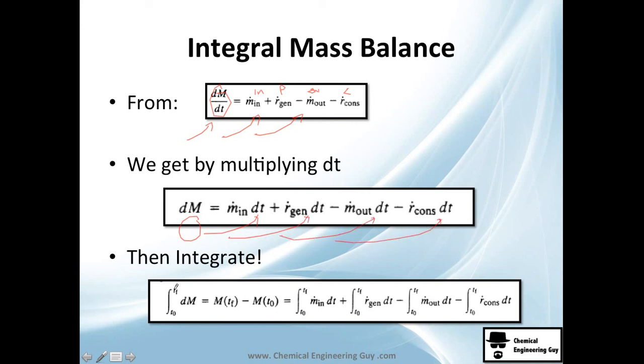So you integrate this with time, and you get the change of mass. You have four integrals: the integral of inlet, integral of production, integral of outlet, integral of consumption. All these will give you a delta M.